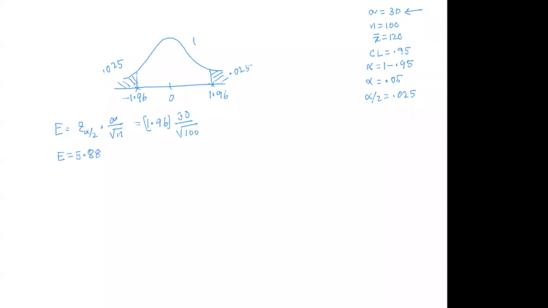So your confidence interval, CI, is going to be X bar plus or minus the margin of error.